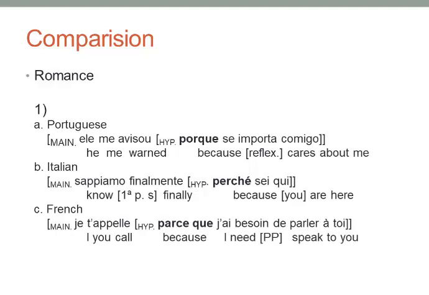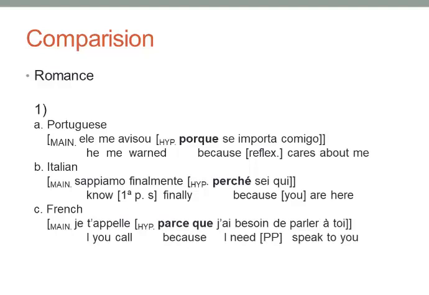In comparison to what we have in Portuguese and Italian: "Je t'appelle parce que j'ai besoin de parler à toi." This sentence means I call you because I need to speak to you, or I need to talk to you. We have the pronouns, just like in English, already pronounced in the sentence.